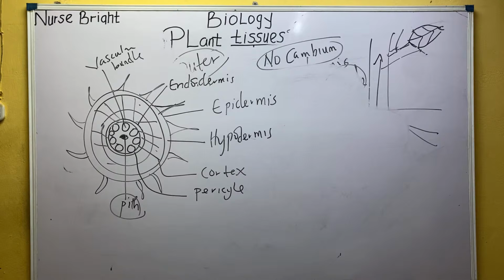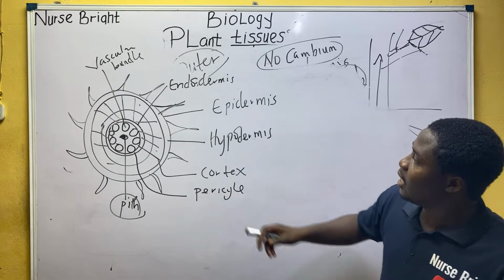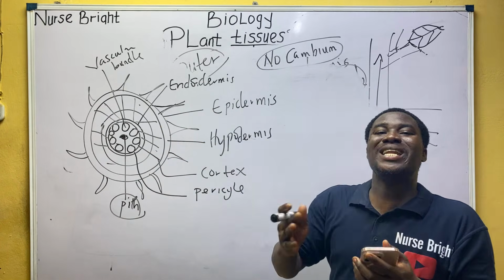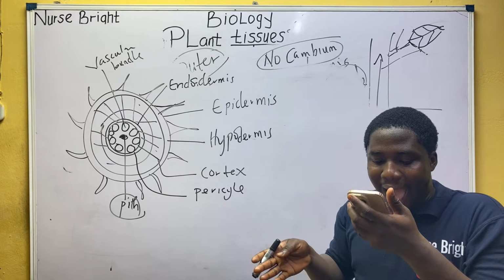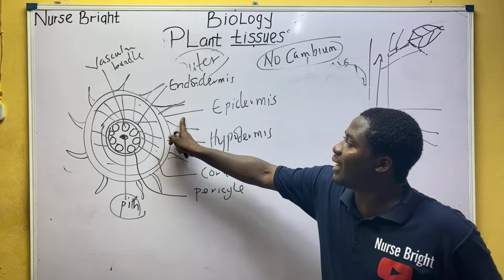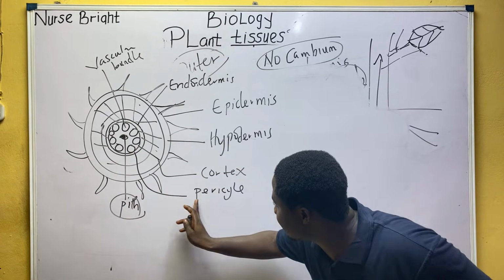Question number 17 says, in a dicotyledonous stem, the zone between the epidermis, this is the epidermis, and the pericycle, which is this layer inside.